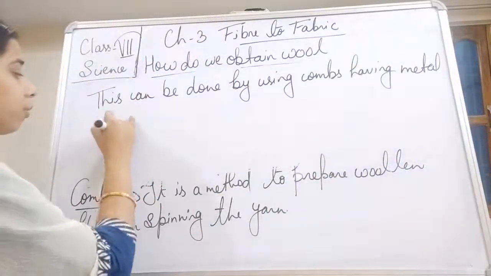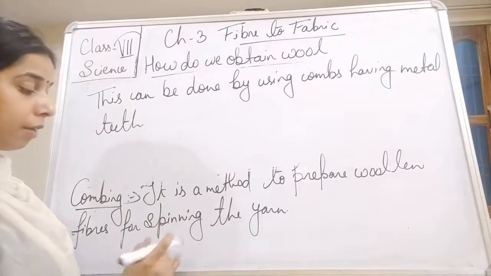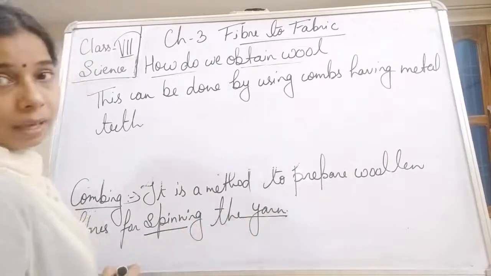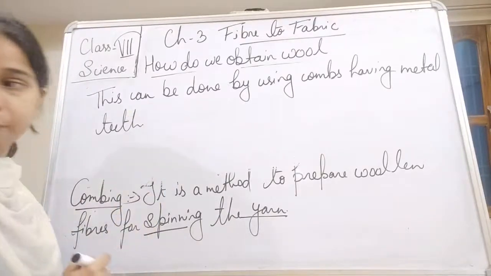So we should use the comb in the combing process in order to prepare the wool for the process of spinning, so that yarn can be obtained. We will use the metal teeth comb.